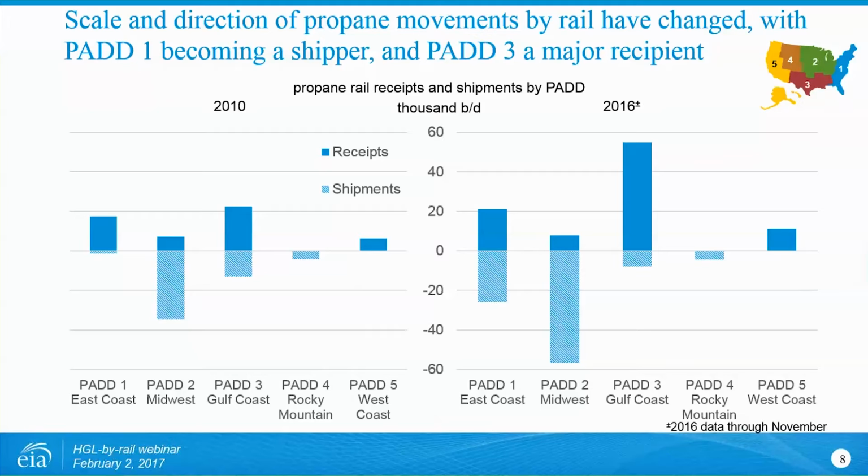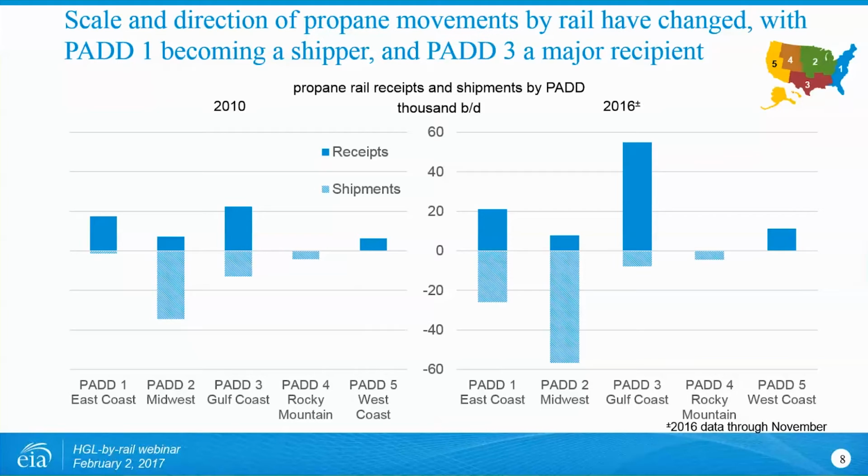However, if you compare 2010 to 2016, not only is pad 1 impacted in that now it's also a net shipper, but what you also see is that there is a major movement of product, especially from pad 2 to pad 3. Right? You have pad 2 now being a significant shipper, over almost 60,000 barrels a day of railed propane coming out of pad 2, and simultaneously growth of receipts in pad 3 has also come up to almost 60,000 barrels a day.